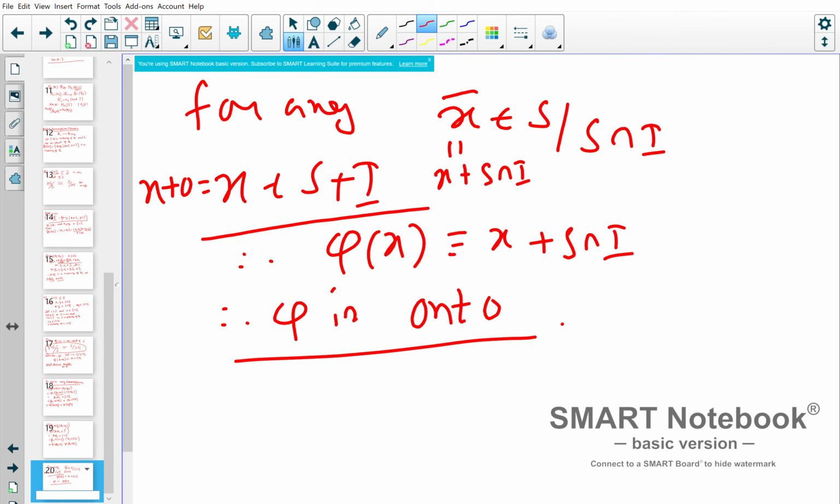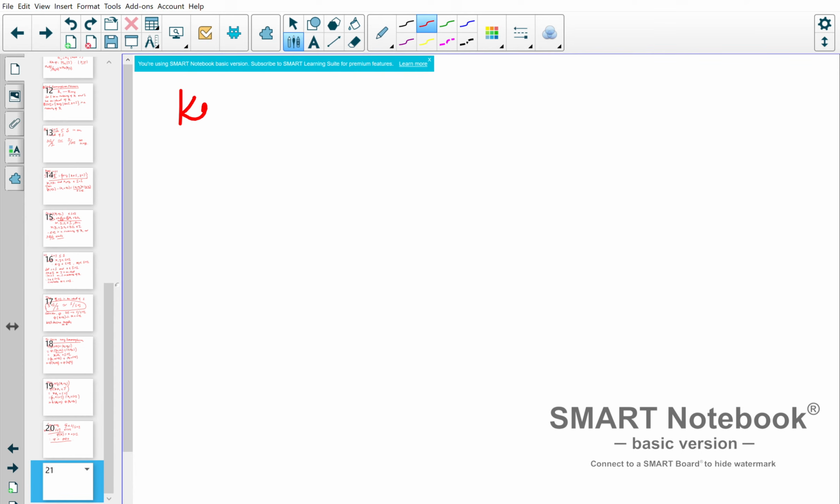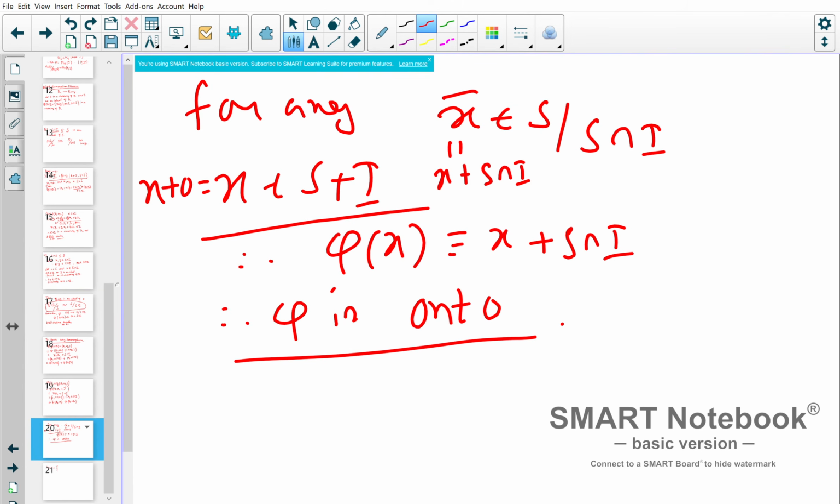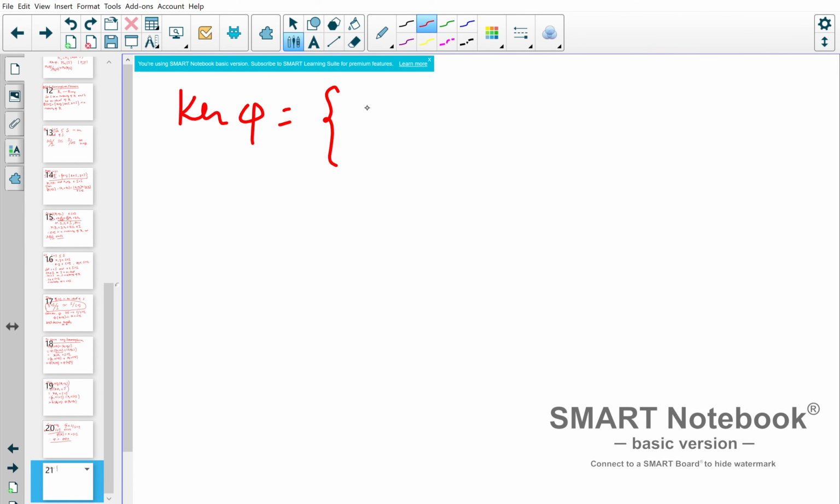Then you just find out what the kernel is. So what is the kernel of phi? I'm sending a map from here to here, right? So you choose all the elements whose image is the identity. What is the identity here? Identity is nothing but S ∩ I, right? So all those x plus y belonging to S plus I such that the image is the identity.